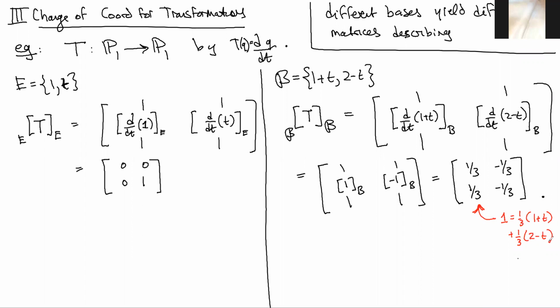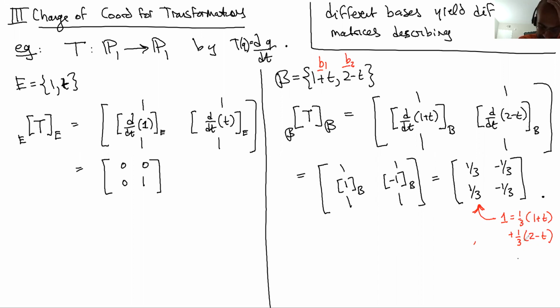Okay, I see. Right, because the first column should be the transformation applied to the first basis vector. So these are B1 and B2, let's say, right? So T of B1 is just the polynomial 1. And I need to express that again in the B basis. That's why I get 1/3, 1/3, because those are the coordinates.